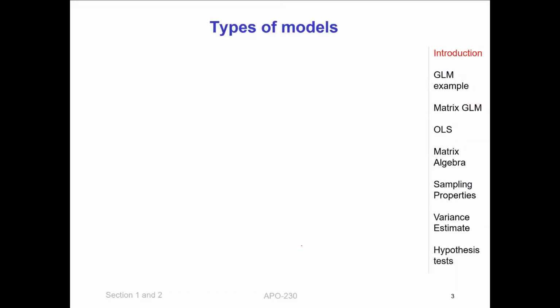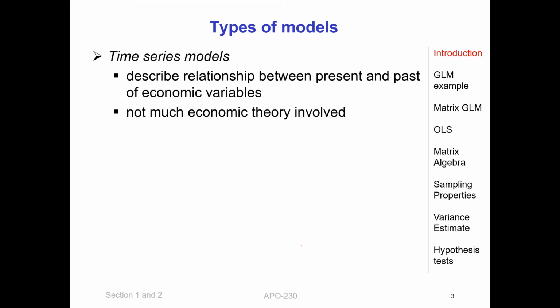Now let's look at some types of econometric models, based on different types of data. The first one is time series models. When we talk about time series models, it refers to models that describe the relationship between the present and the past of certain economic variables, like price.